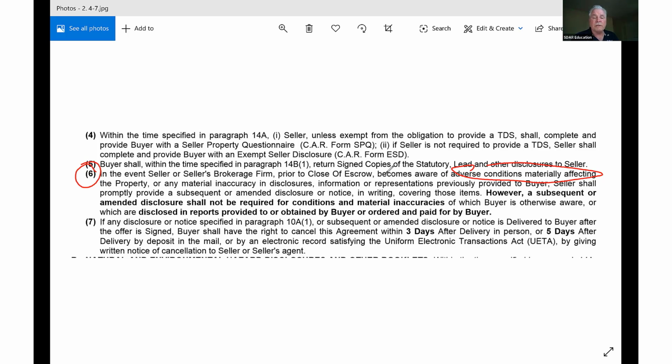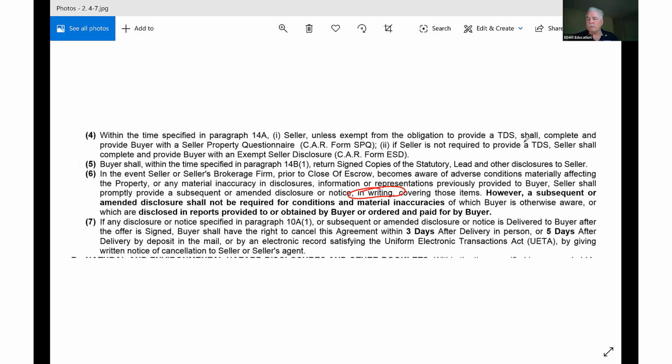Or any material inaccuracy in disclosures previously provided to the buyer, the seller shall promptly provide a subsequent or amended disclosure or notice. So again, this is what the law refers to as a duty to amend, which means something new happened that you didn't tell them the first time. Now you've got to tell them again. And by the way, that might trigger that rescission right again. And that's an important thing. All right, so in writing, covering those items.